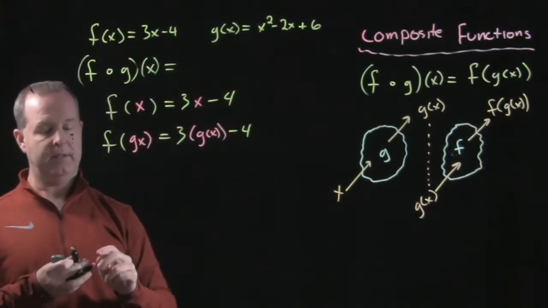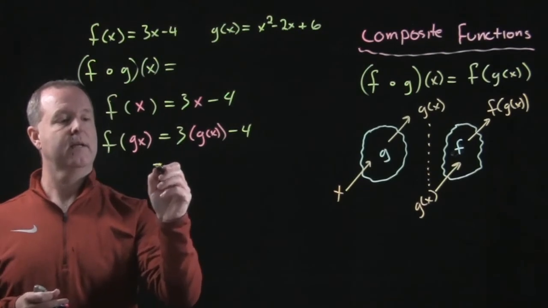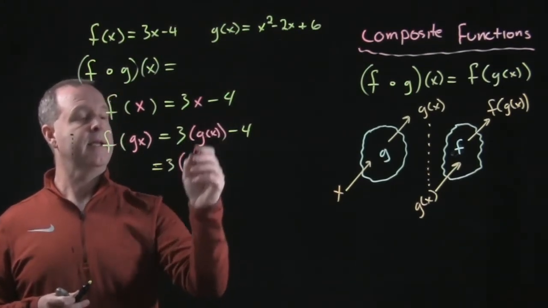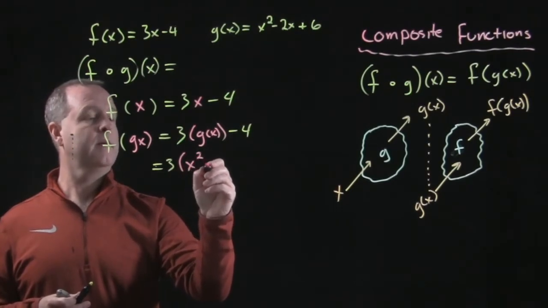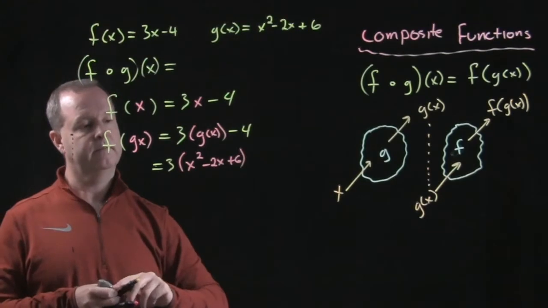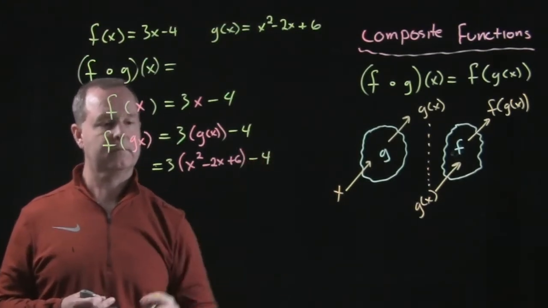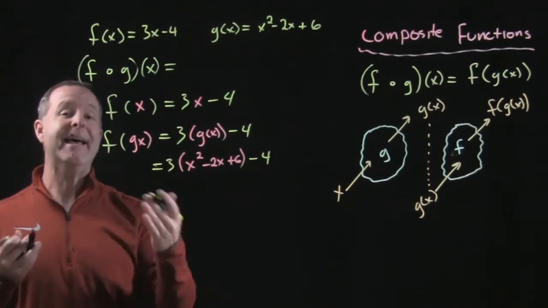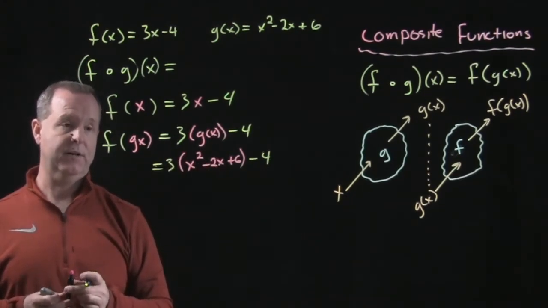To reduce that out, let's look at this equaling 3. What's my g of x function? It is x squared minus 2x plus 6. And so you can see I have the g of x function embedded within my f of x function.